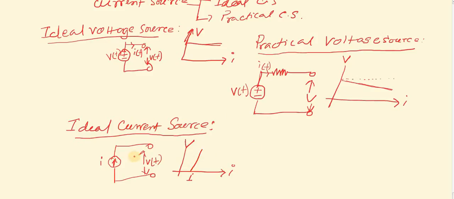Now this is not actually true. In practical cases, we may see in circuit solving problems that current remains constant always. So next we will come to the practical current source.